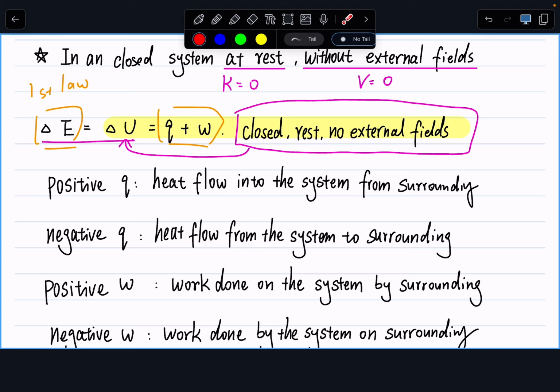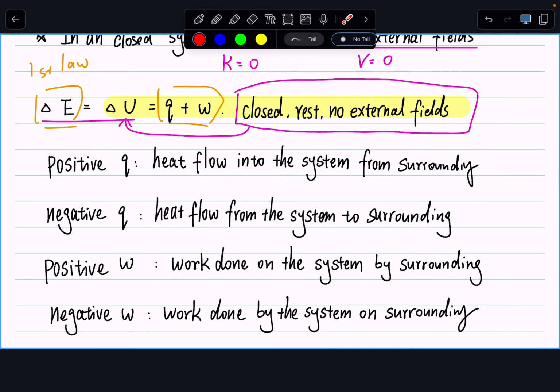All right. And one more thing we want to address is that whenever we're writing things like delta U, we're always saying that's final minus initial. In addition, whenever we're looking at Q, we're talking about the heat of the system. A positive Q means heat flows into the system, and a negative Q means the heat flows from the system to the surroundings.